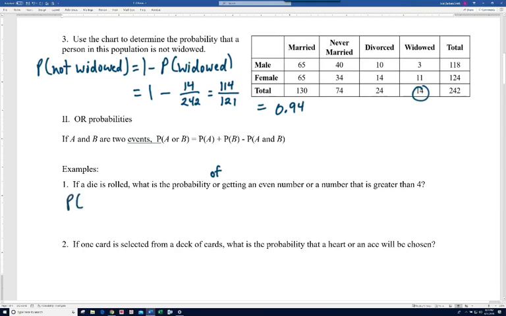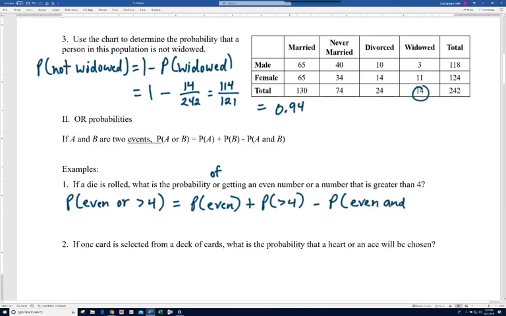So the probability of getting an even number or a number that's greater than 4 is going to be the probability of getting an even number plus the probability of getting a number greater than 4 minus the probability of getting a number that's even and also greater than 4.